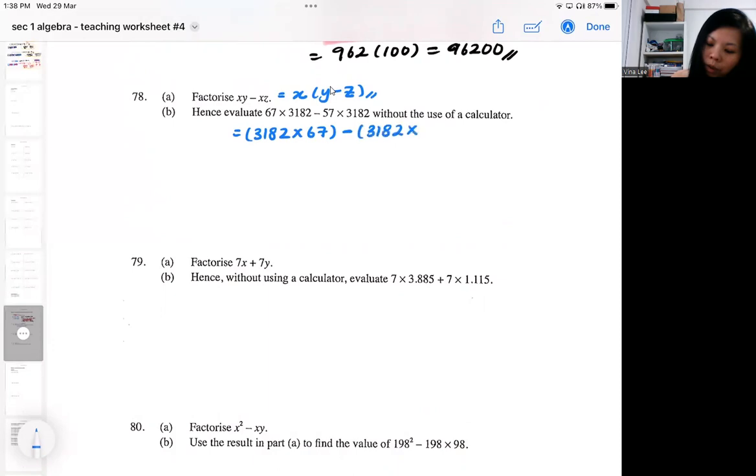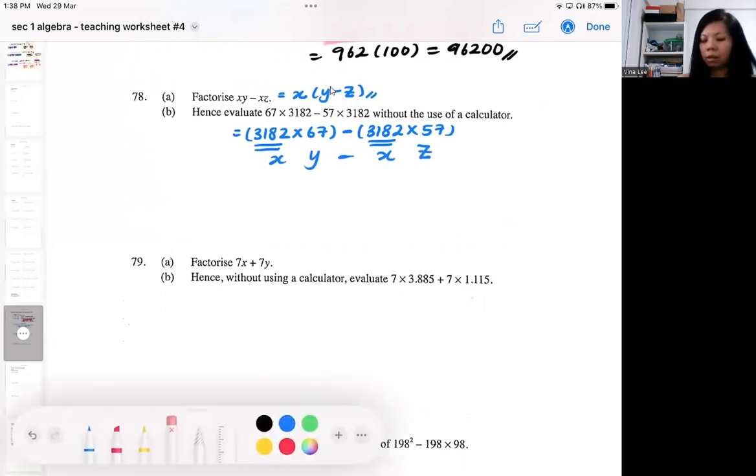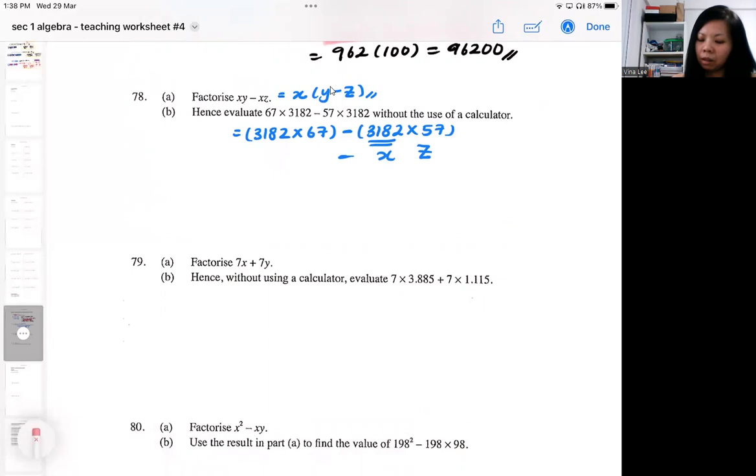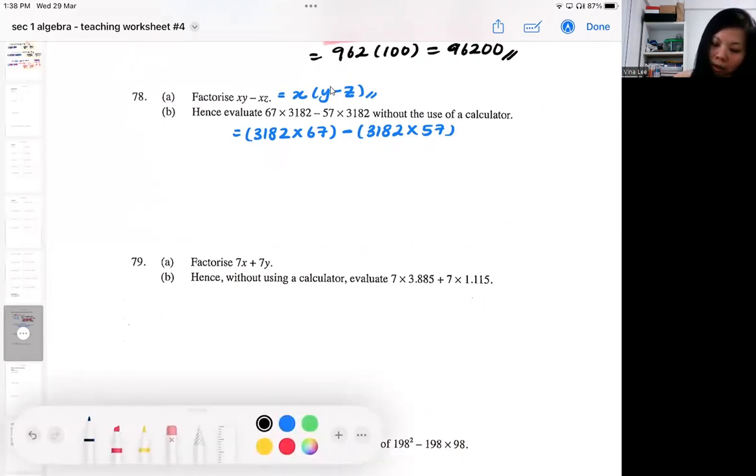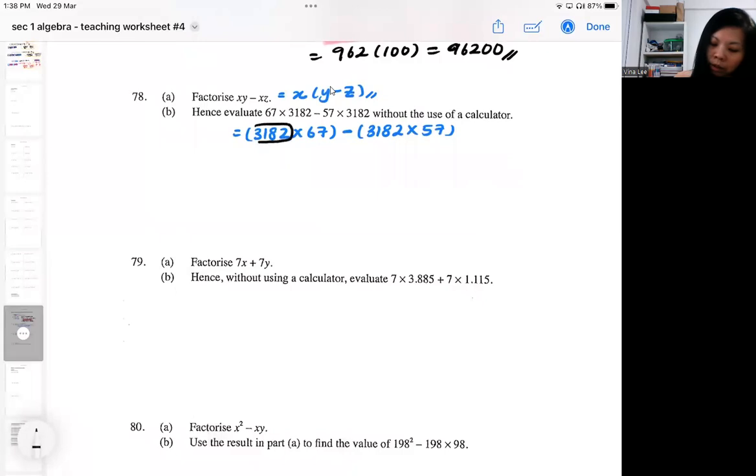So you reshuffle a bit. You realize that this is like the X. Previously X is a common factor, but right now, 3182 is a common factor.